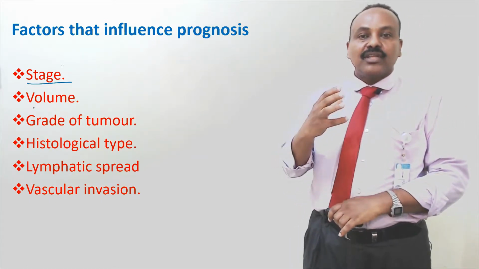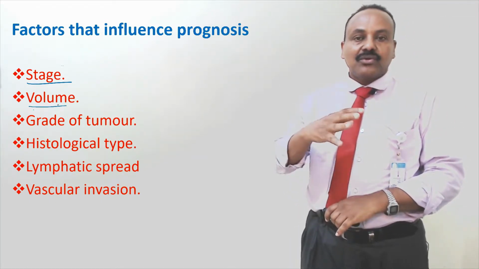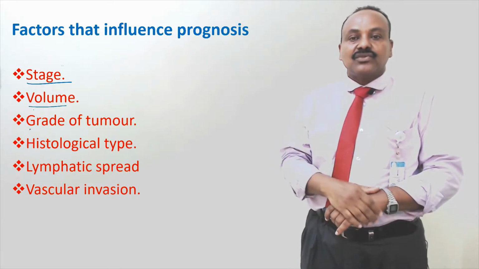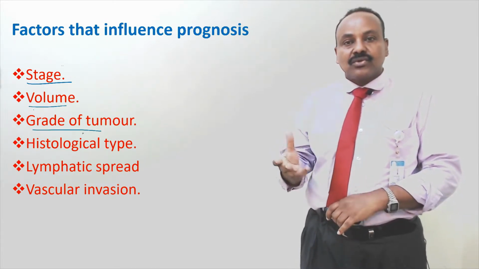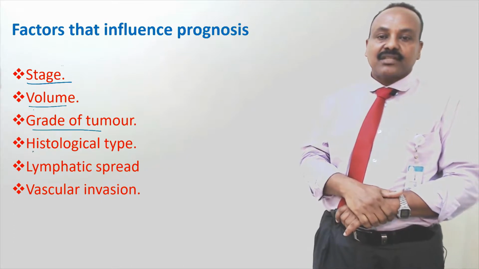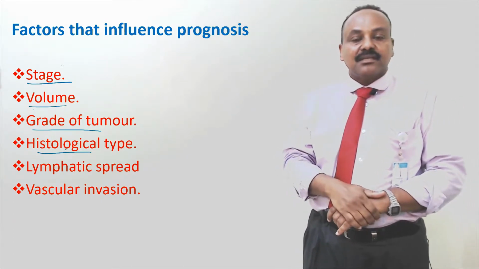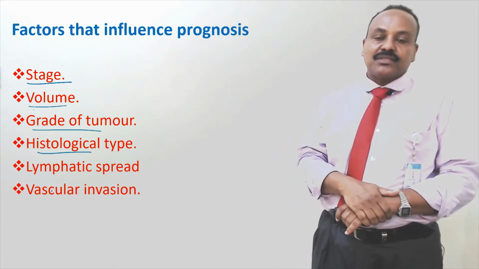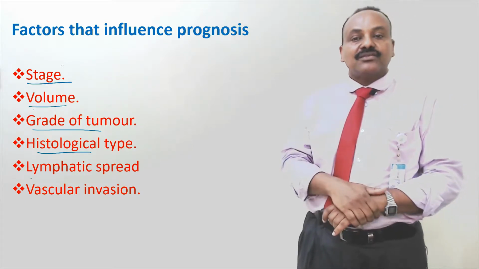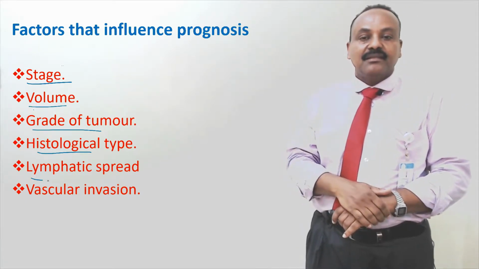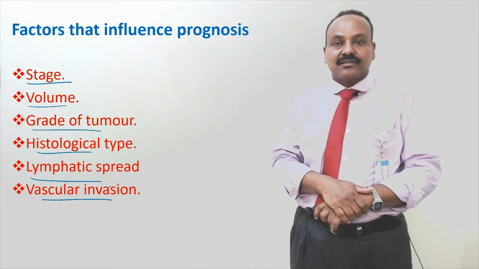Another thing is the volume of the disease, whether it is small or large. Grade of the tumor, well differentiated or less differentiated. And the histological type also affects the prognosis, either squamous or adenocarcinoma, as do lymphatic spread and vascular invasion.